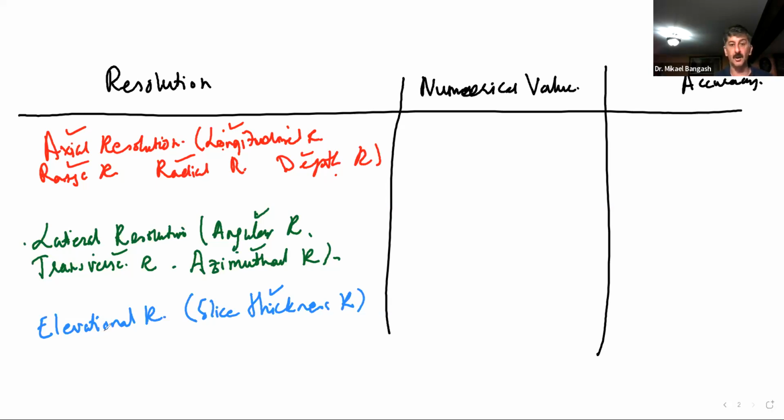But generally speaking, when comparing the numerical values of these three resolutions, your exit resolution is always going to have the lowest numerical value. So if you compare the numerical value of exit resolution against lateral resolution against elevation resolution, exit resolution will always have the lowest numerical value.